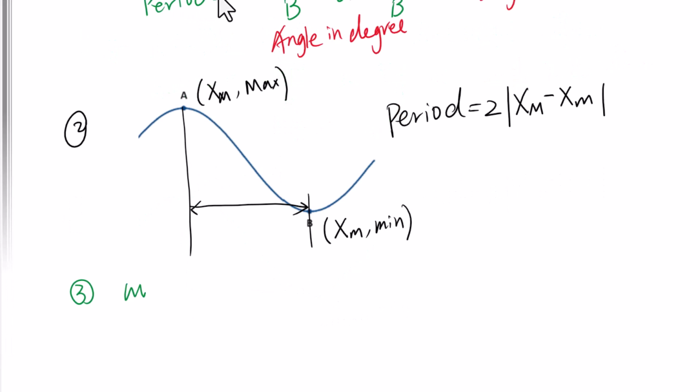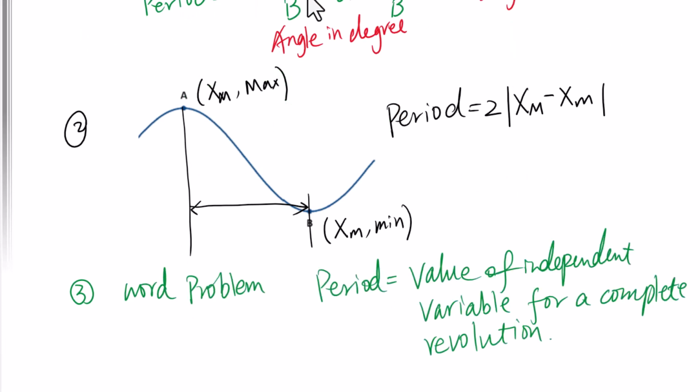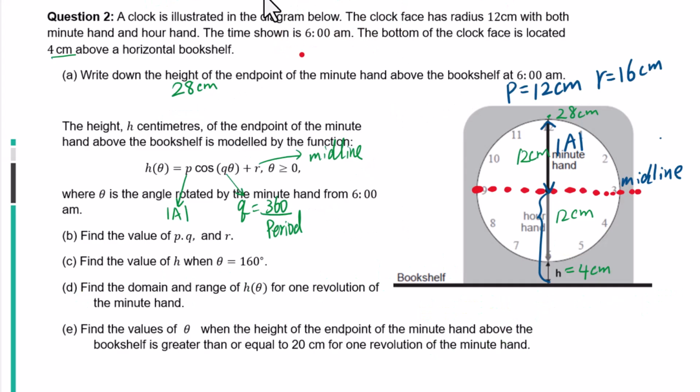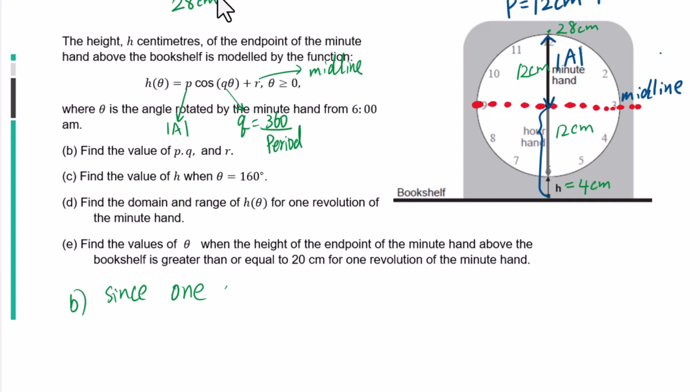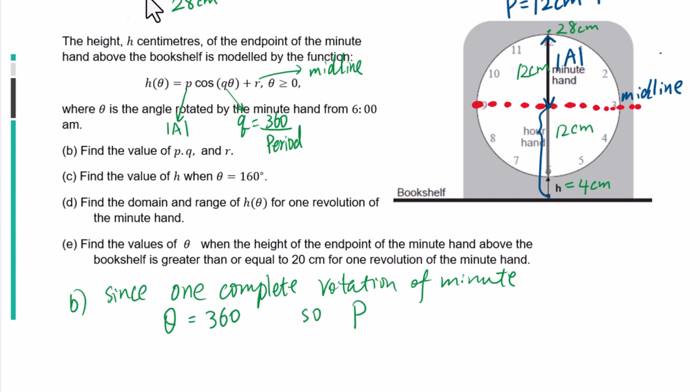For the third one, a word problem, the period equals the value of the independent variable for a complete revolution. For this word problem, since one complete rotation of the minute hand means the value of the independent variable theta equals 360, the period equals 360 and b equals 360 over 360, which equals 1.